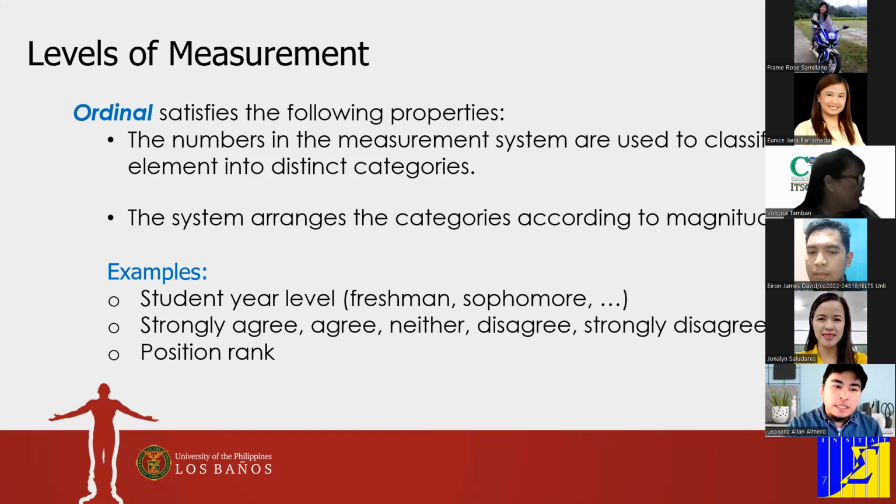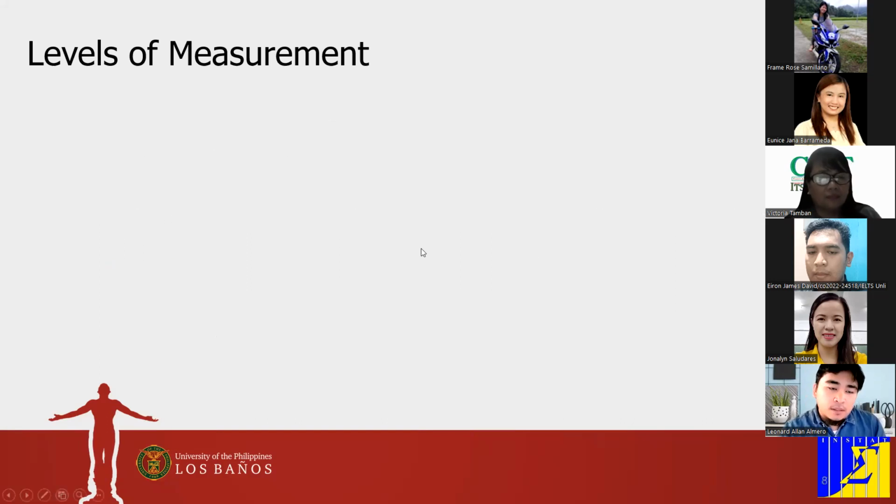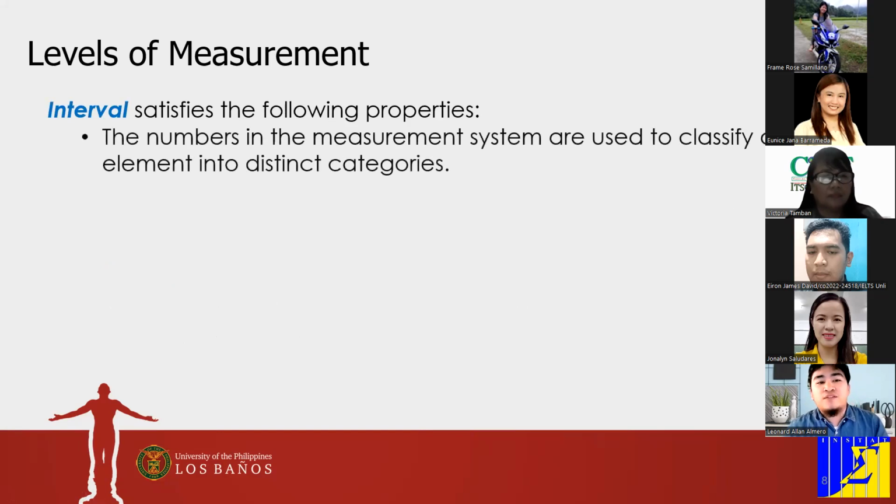Okay, so we will now move on to the third level, which is a quantitative variable. So pag sinabi nating quantitative variable, ang lowest level niya should be in interval level. Now, again, interval level will absorb the characteristics of nominal and ordinal, meaning you can categorize it as the nominal and you can also put an order to it as the ordinal level.